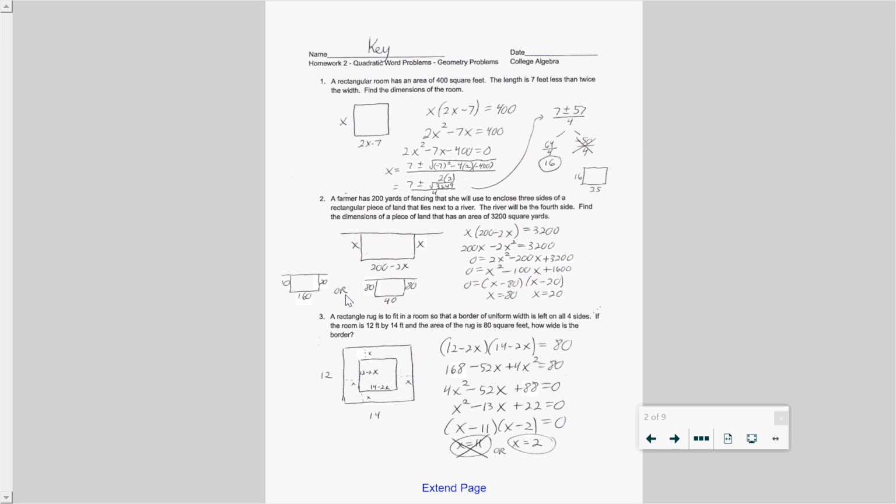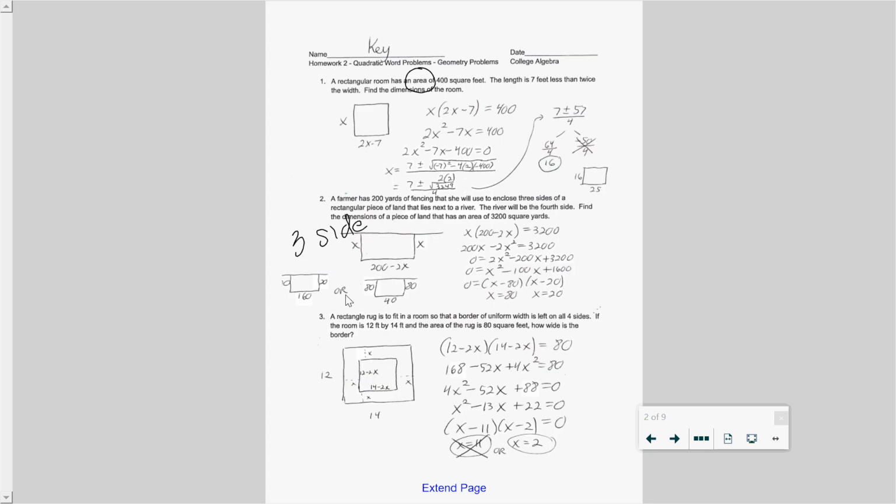This first one was an area problem. It might be helpful to label which types are which. Remember, for your quiz, you can use notes, you can't use packet. Notes, yes, packets, no.